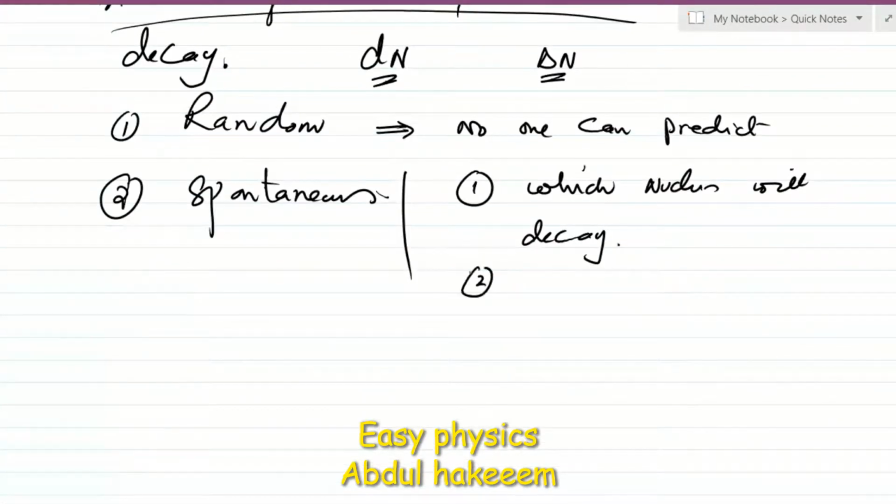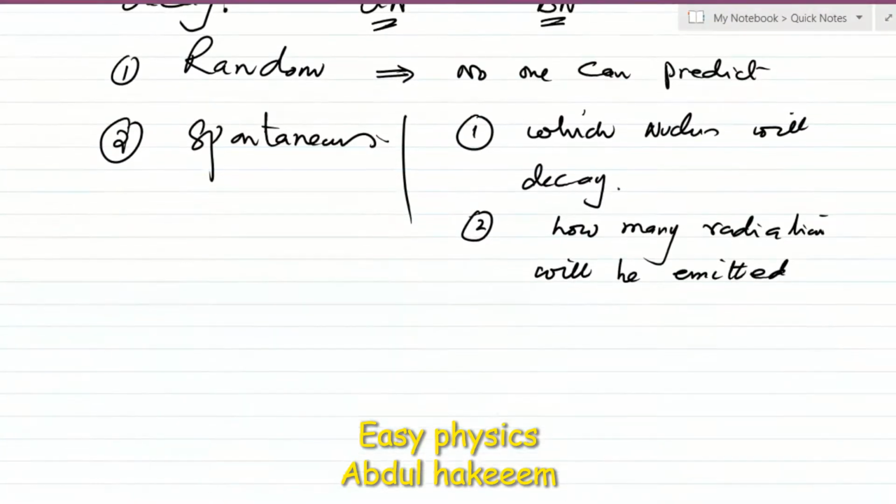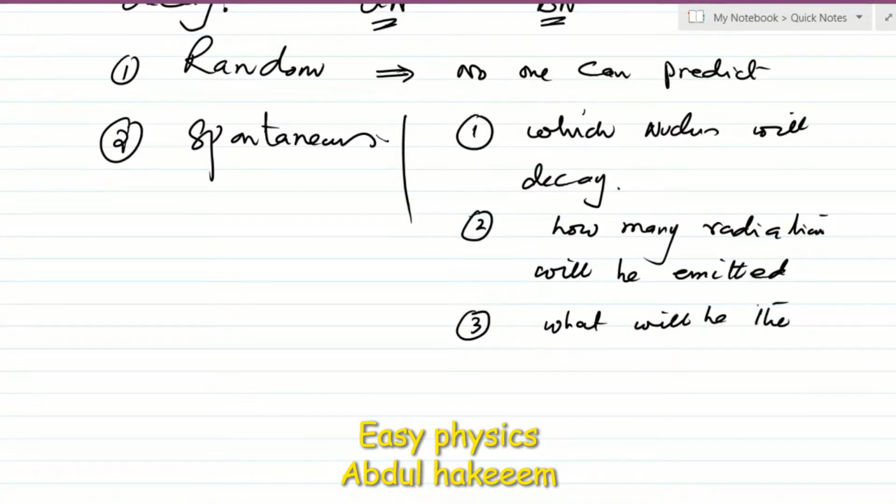And number two, no one can predict how many radiations will be emitted. Meaning what is the number of the radiation? No guess. Number three, what will be the time of emission?